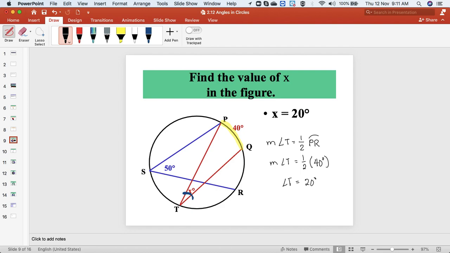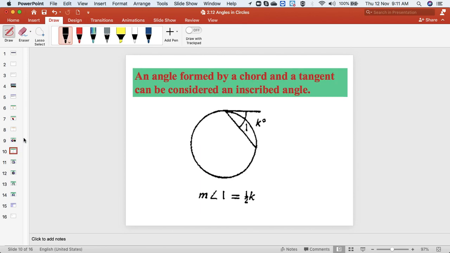So the measure of angle T, or x degrees, is 20 degrees. Is it clear? Okay, next.